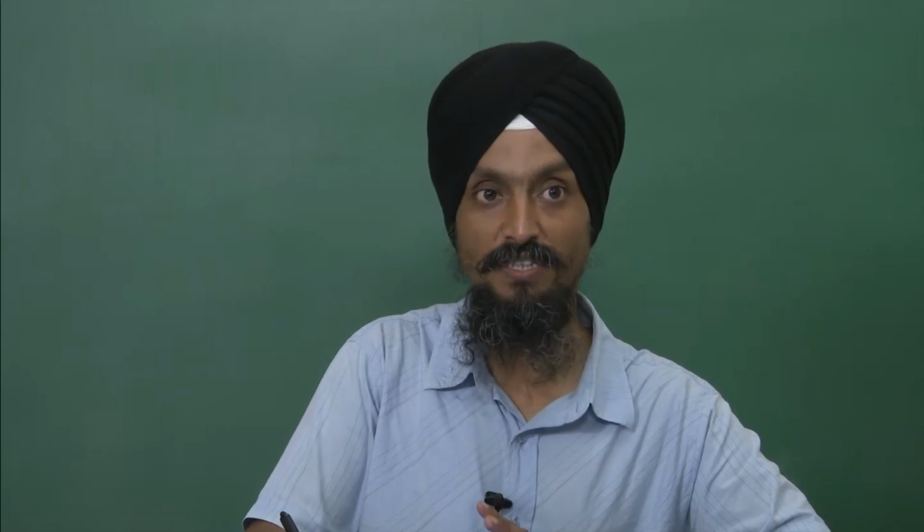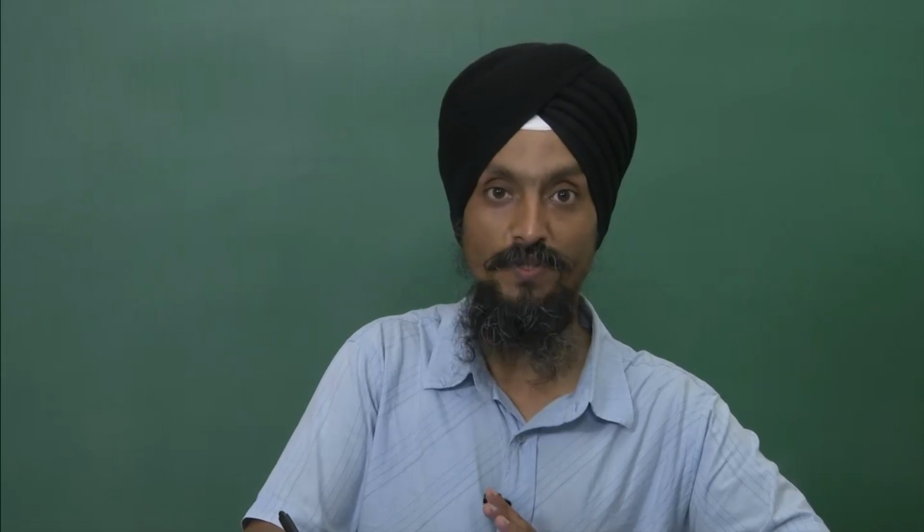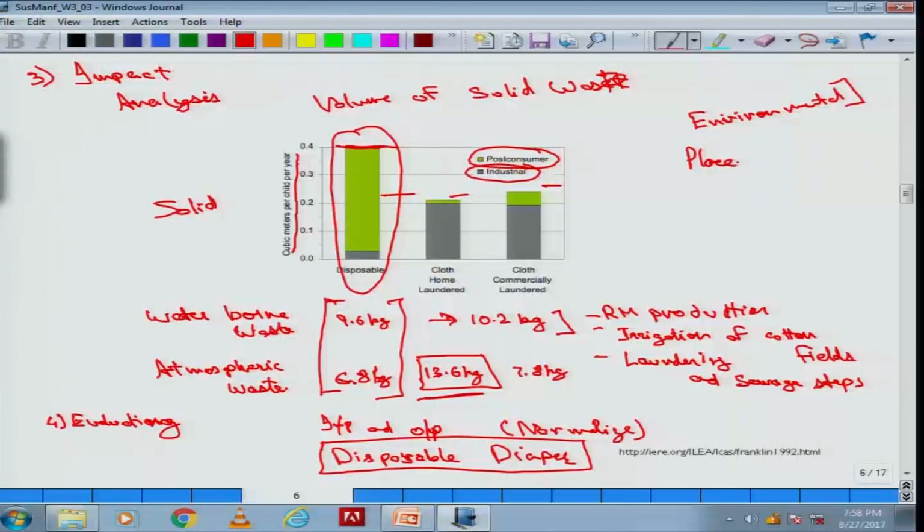And the places where there is a lot of water available, cloth diaper can be one of the options. It all depends upon the place at which we are going to buy these diapers. And if air pollution problems are there, then resort to disposable diapers. Best diaper ultimately depends upon the community situation as well.